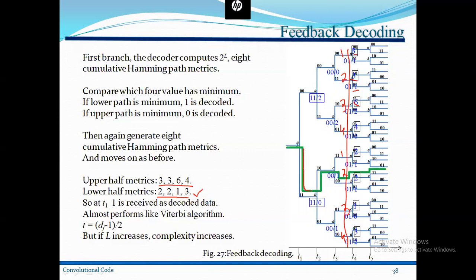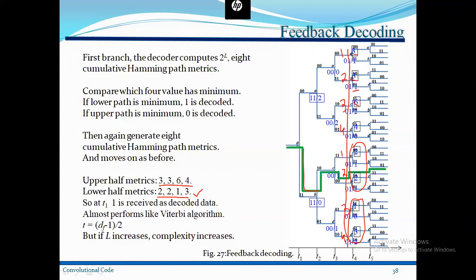So we go downward one path. Next we choose the upper block of the path that emerges at T4 time, and the lower block. In that way we decode the second bit, and we move in the upper block and the lower block, and we choose the decoded bit sequence.